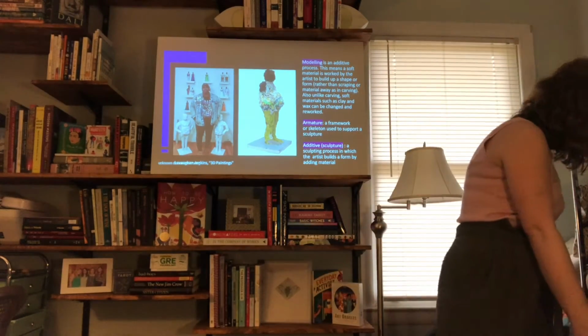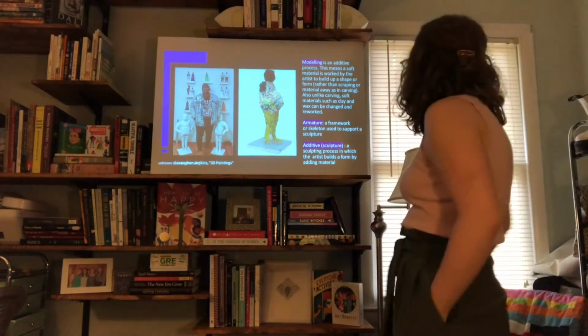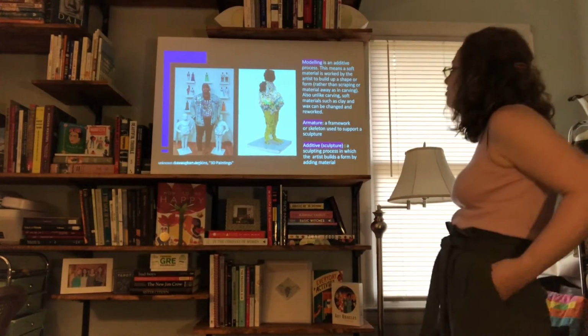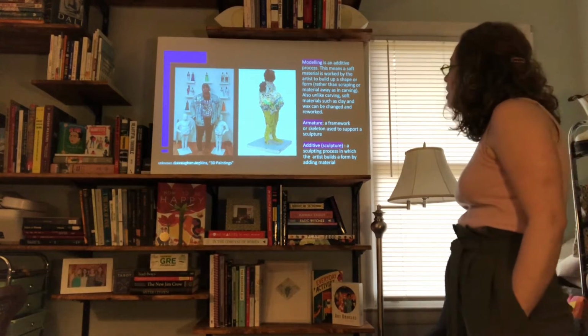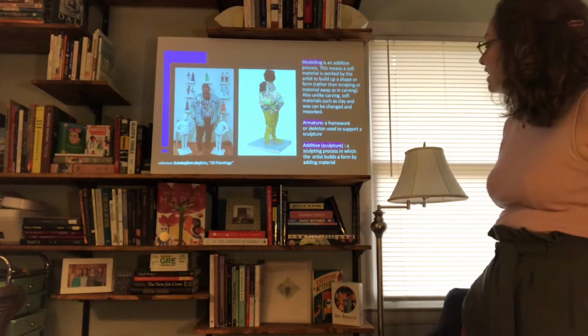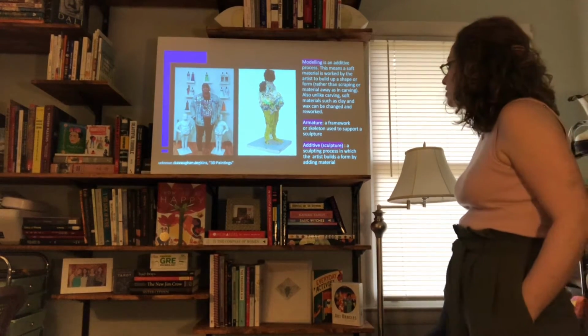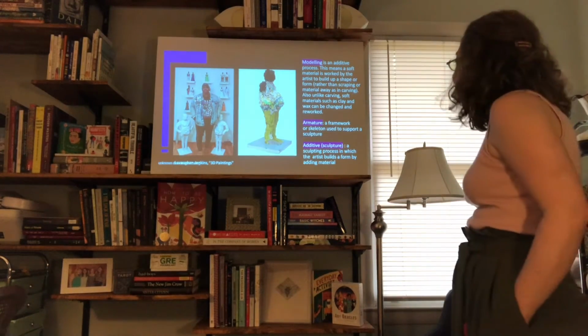But it's untraditional, because typically when people think about modeling, they think of an additive process. This means the soft material is worked by the artist to build a shape or form rather than scraping or carving material away. And unlike carving, soft materials such as clay and wax can be changed and reworked.